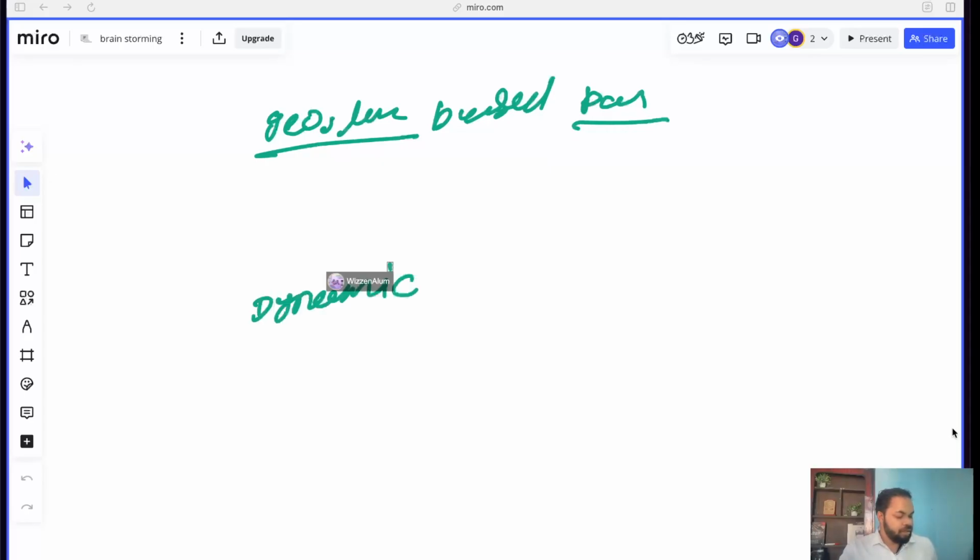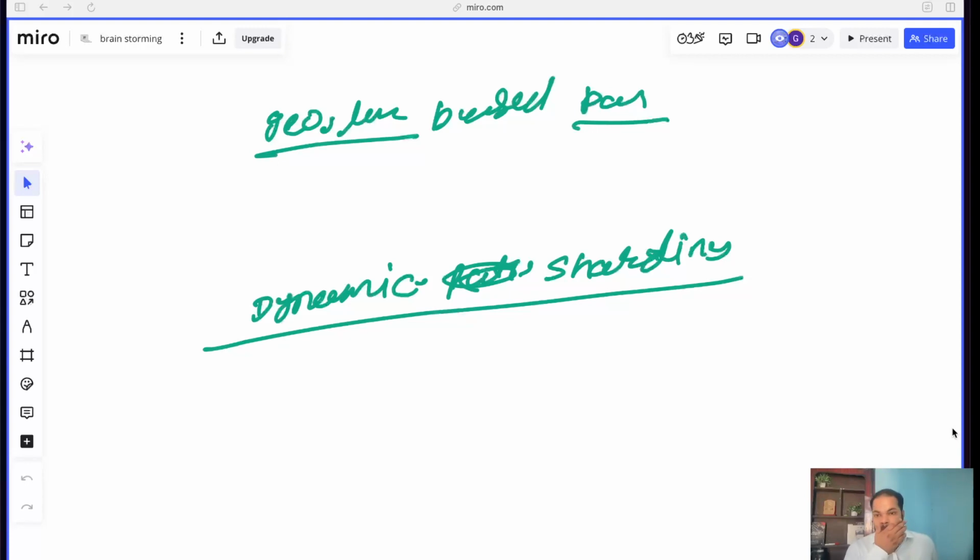Then you have dynamic partitioning, dynamic sharding you might say, because horizontal partitioning is sharding. Dynamic sharding is where, based on your key, it automatically decides the number of partitions. It can automatically scale the partitions if needed.